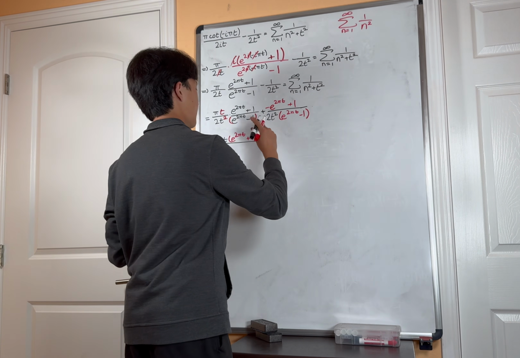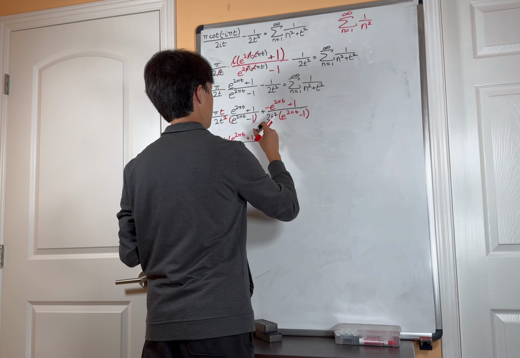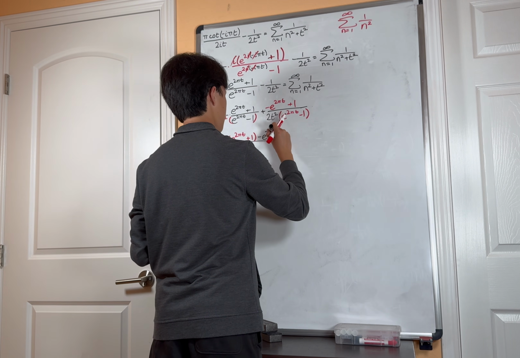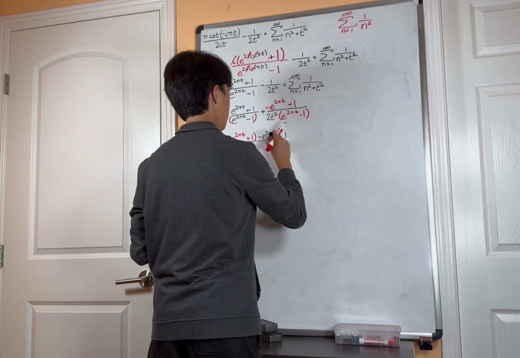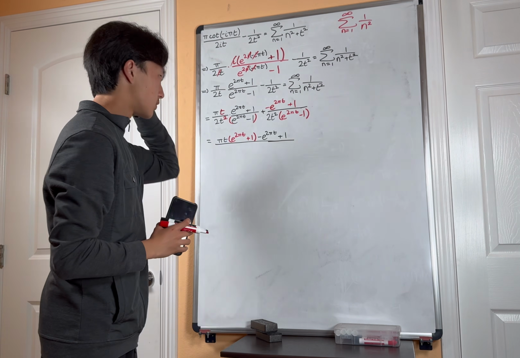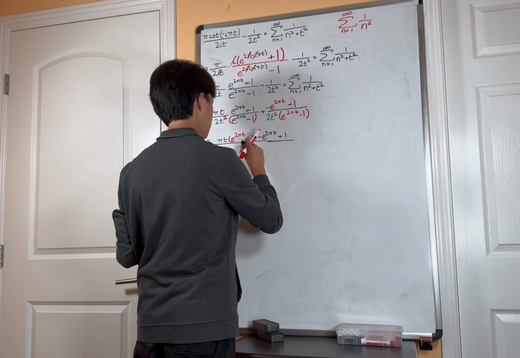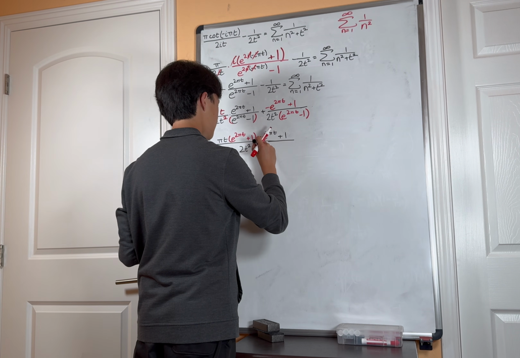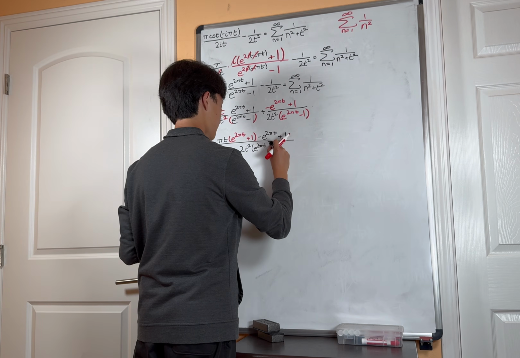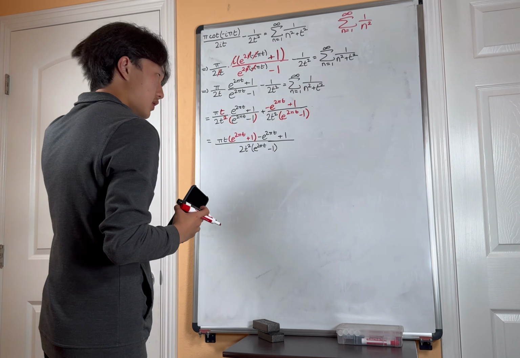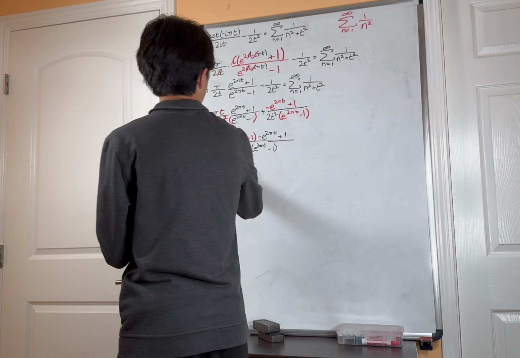So here we just have negative e to the 2 pi t plus 1. And on the bottom, we now have this slightly better looking denominator, 2t squared e to the 2 pi t minus 1. Okay, right here, let's go ahead and distribute this out.